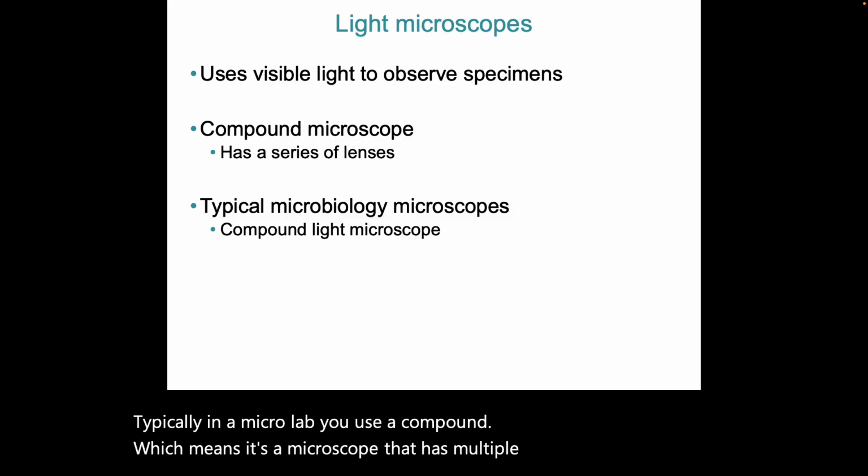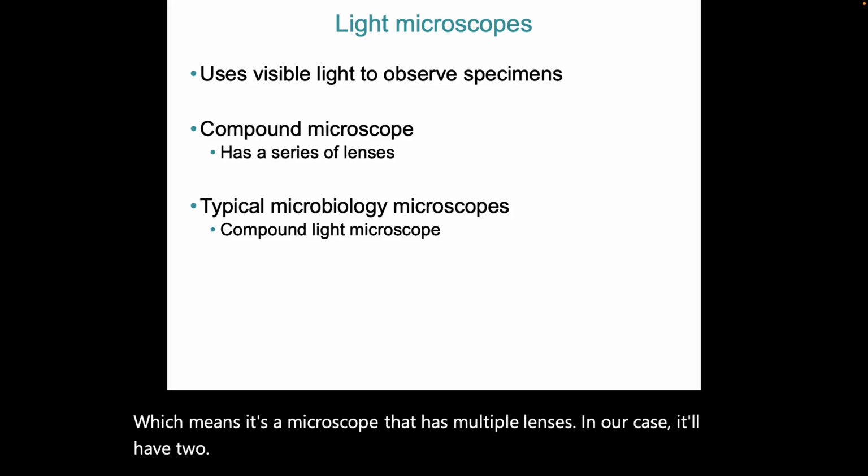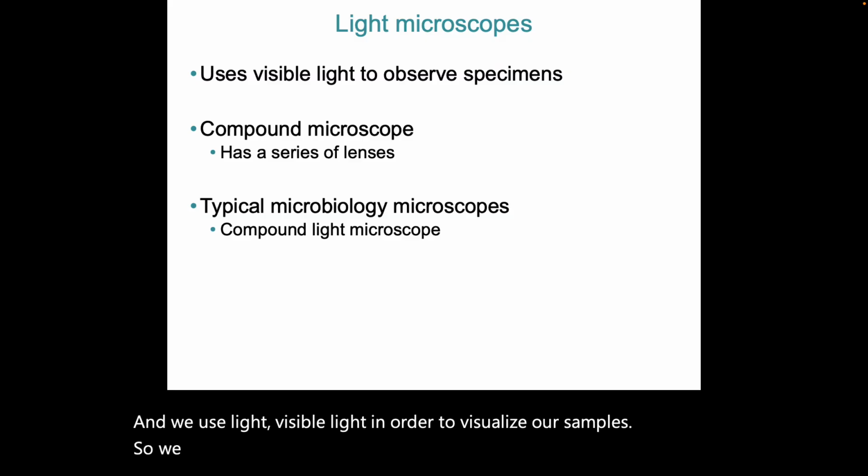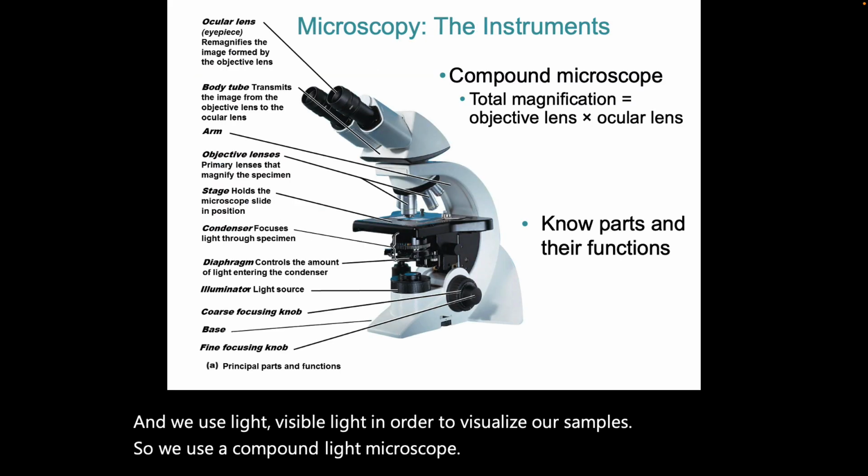In our case, it'll have two. And we use light, visible light, in order to visualize our samples. So we use a compound light microscope, which will look something like this.